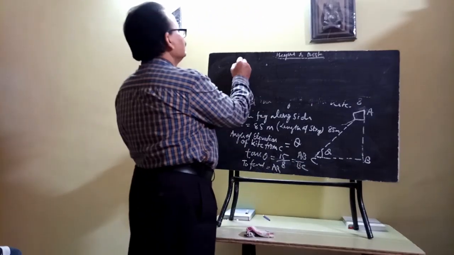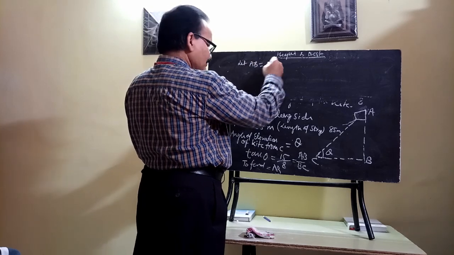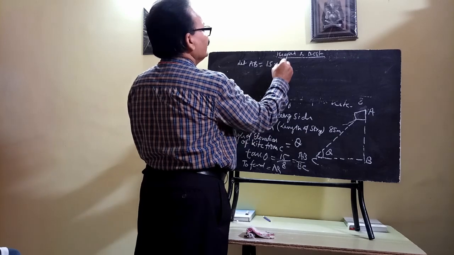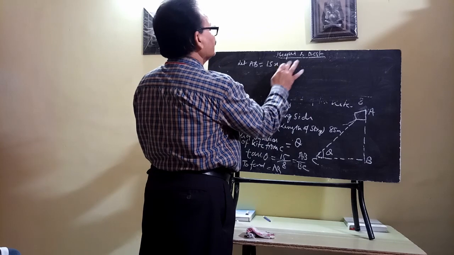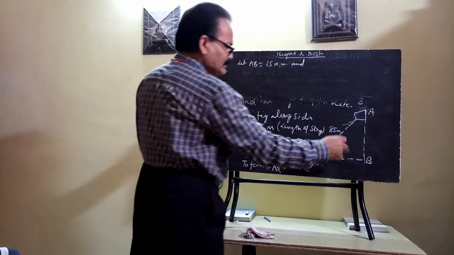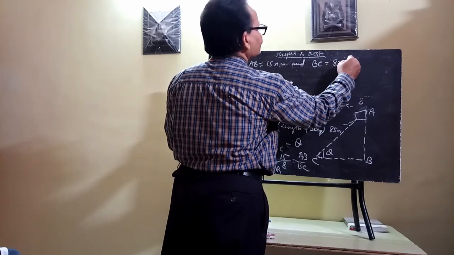Okay, so let AB equal 15x unit, or you can take meter as your unit, and BC is your 8x meter.